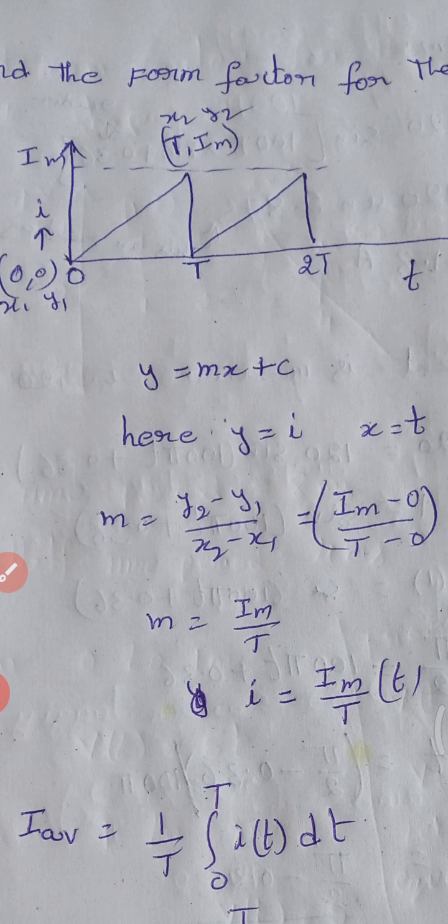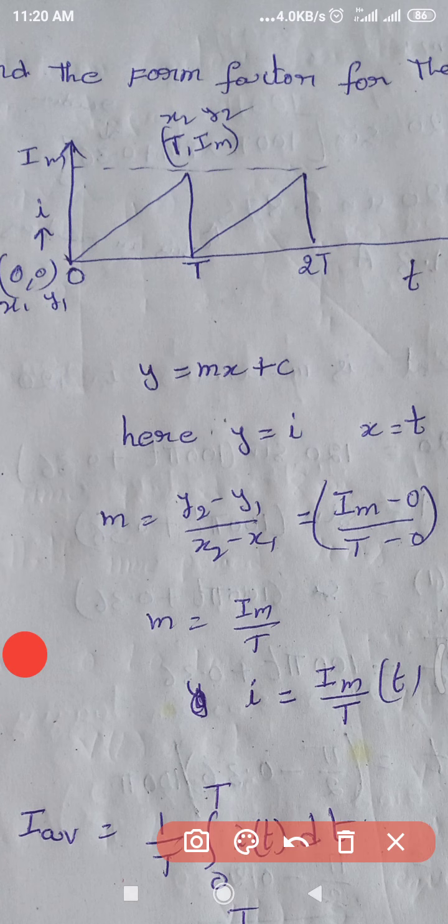The given waveform is a triangular waveform. See here, from 0 to this T. So here we are getting 0 comma 0, and here we are getting T comma Im. Why?